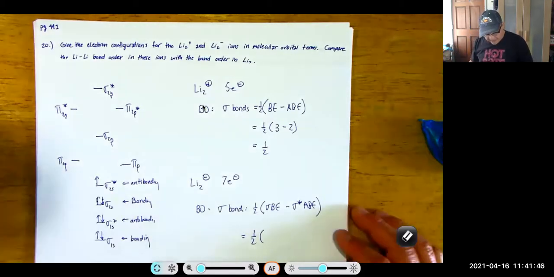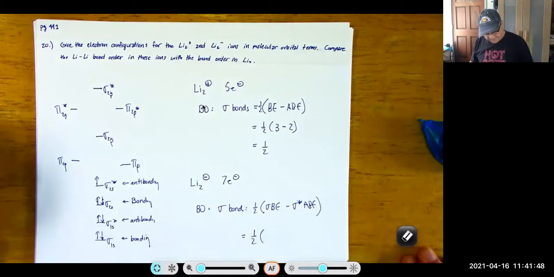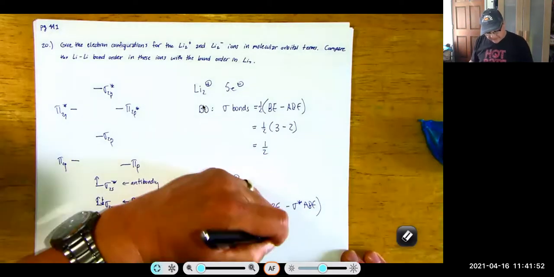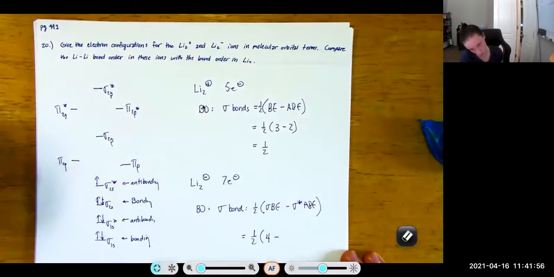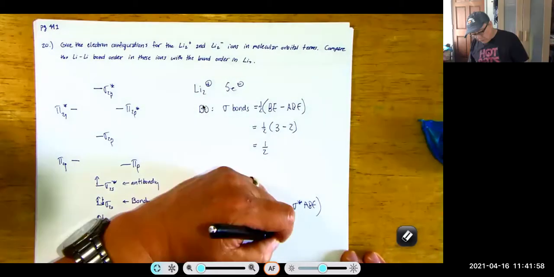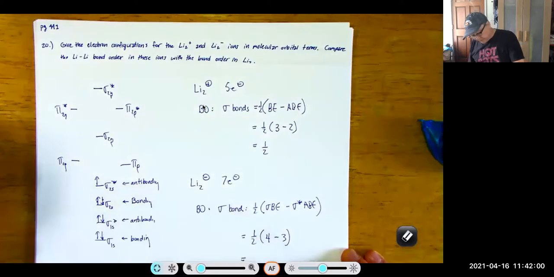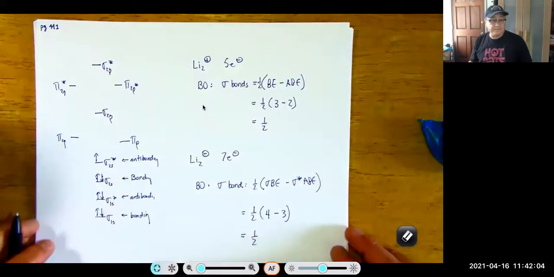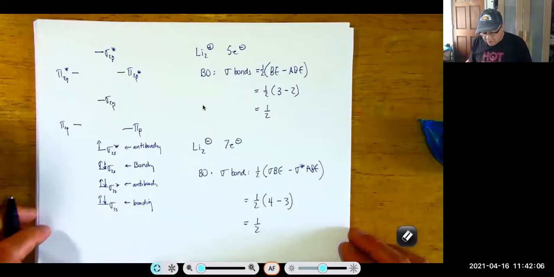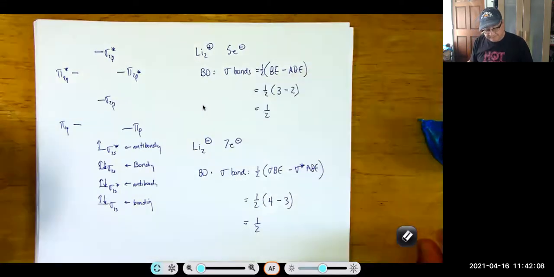So how many bonding electrons? 4. How many anti-bonding electrons? 3. 4 minus 3 is 1. 1 times 1/2 is 1/2. So these both have a bond order of 1/2.